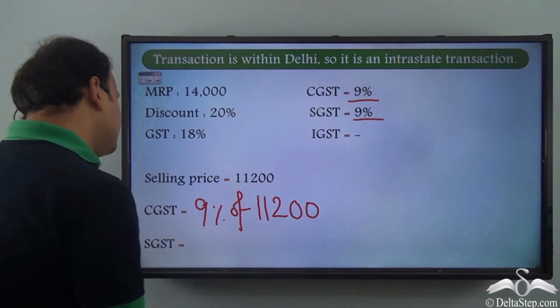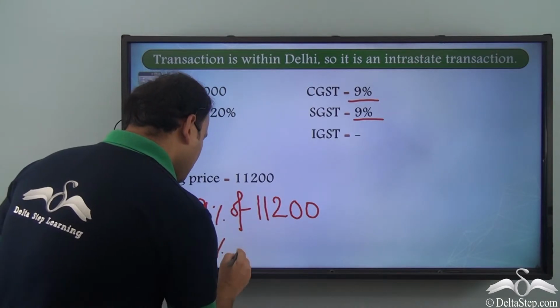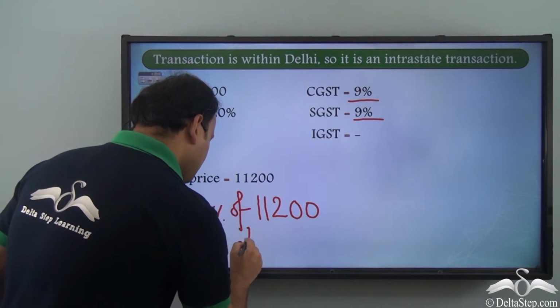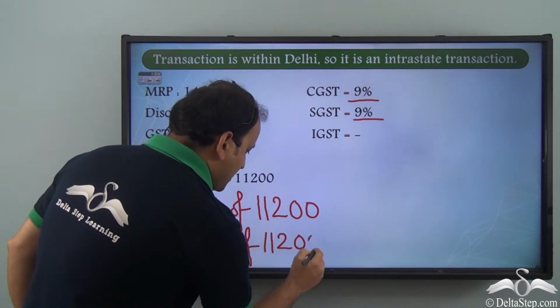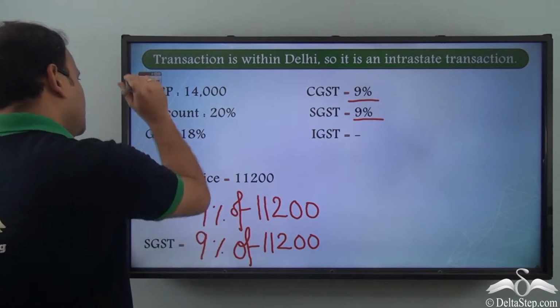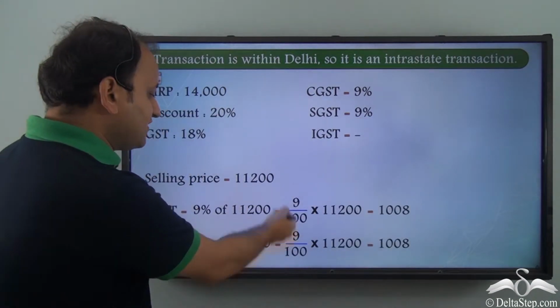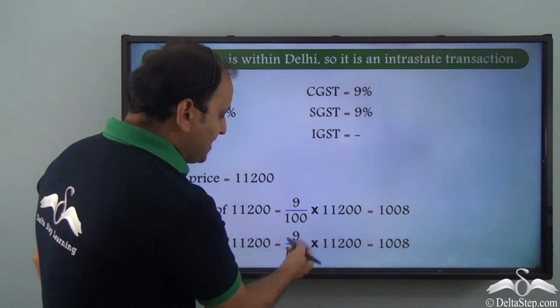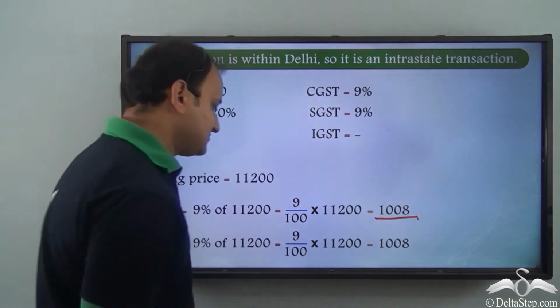Similarly, SGST will also be 9% of 11,200. So what will be CGST? 9% of 11,200, which is 9 by 100 into 11,200, which is 1,008.